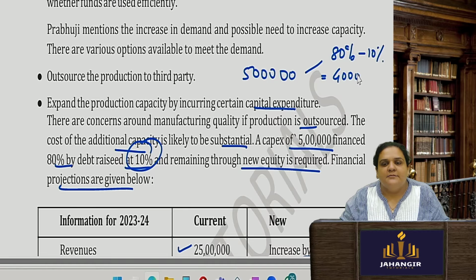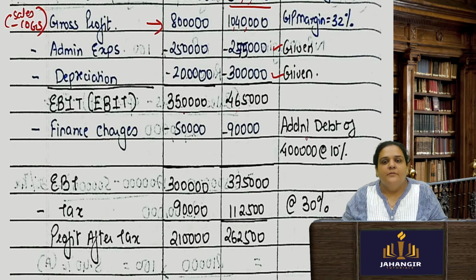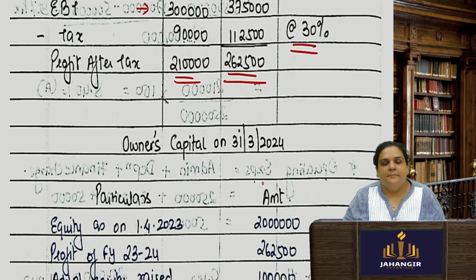On 4 lakhs, if 10% is my interest, that is 40,000. So now my new interest will be 50 plus that 40, additional 10% of 4 lakhs, 90,000 here. So earnings before tax is 3 lakh 75. Tax rate is the same, 30%. So that gives the profit after tax, the estimated P&L.